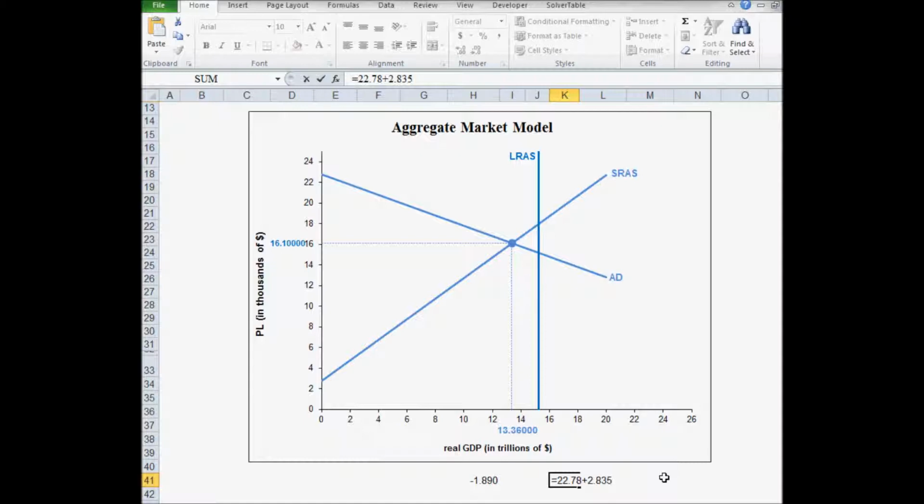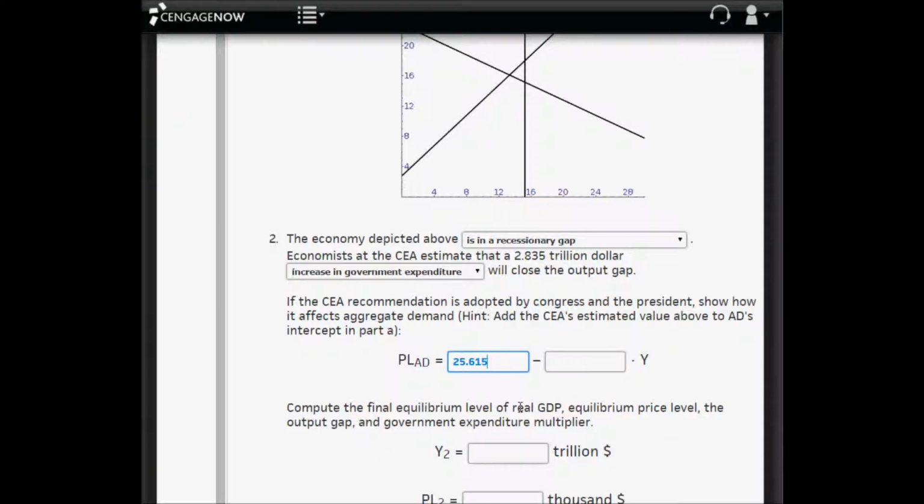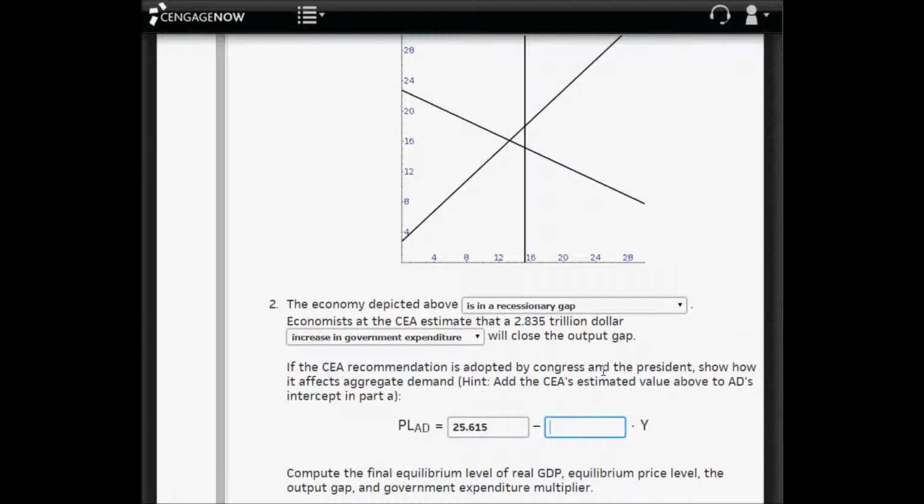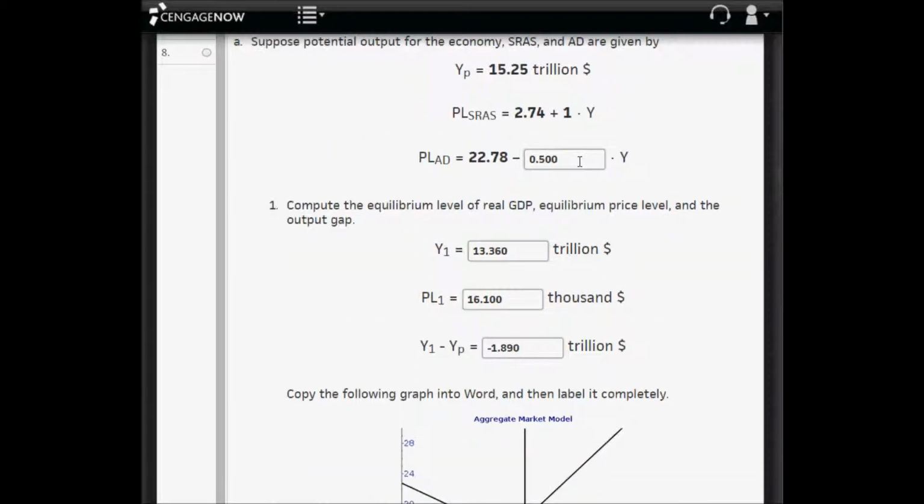So we have the initial intercept plus the increase in government expenditure, and we get 25.6. The slope of aggregate demand has not changed, so it is still 0.50.